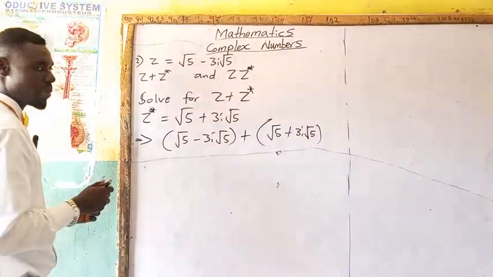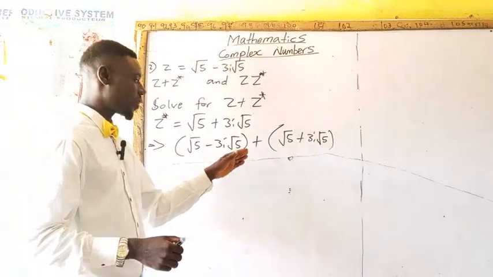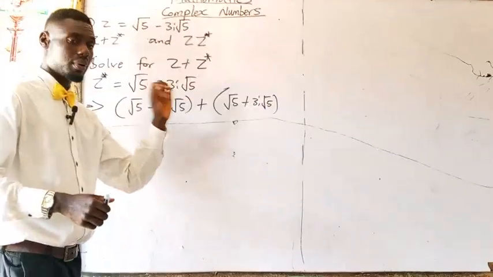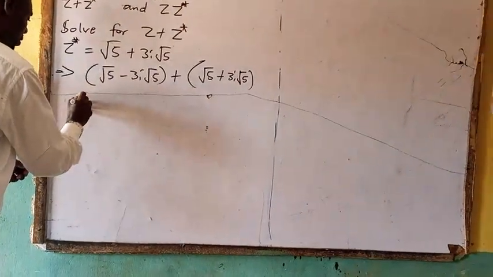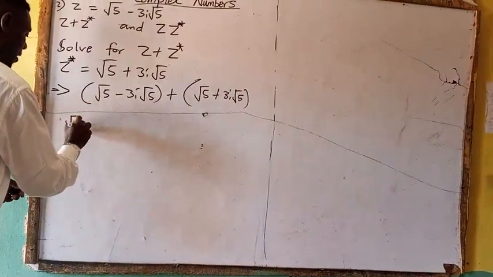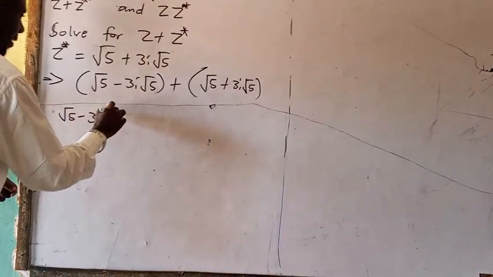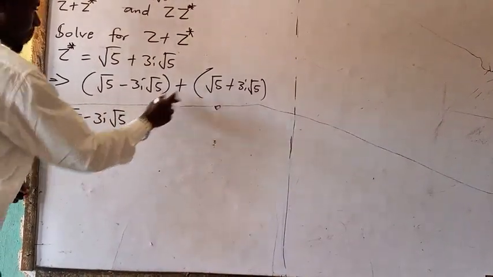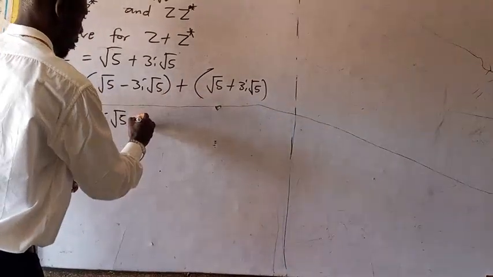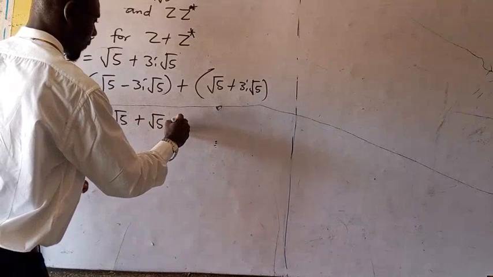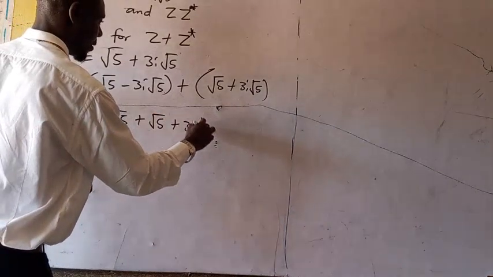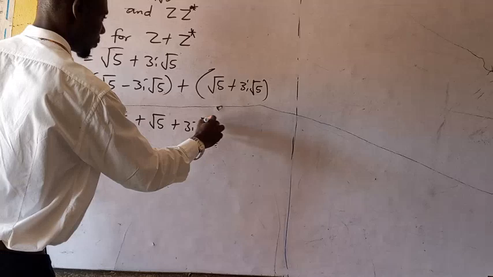Like I told you in our previous video, we are going to add them up. So let's add. We'll bring this first value out, which is root 5 minus 3i root 5. Use this plus to open a bracket. You have plus root 5 plus 3i root 5.